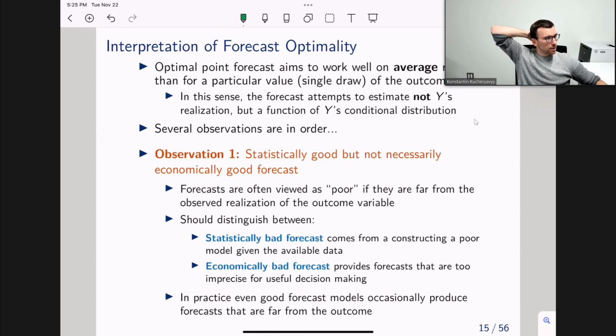And the point is that the statistically good forecast is only a part of their forecast. These interviews with economists, businessmen, policymakers, this is the part where they're trying to make their forecast useful, the economically good forecast. So the statistical model does the statistical part, but then they correct it with the interviews to make it economically useful. Okay, hopefully that distinction makes sense.